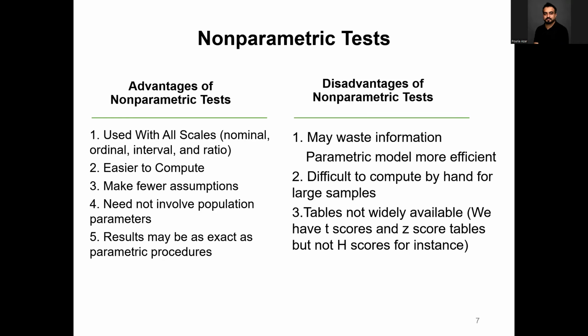For example, if you look at any statistics textbook, you would find tables at the back of the textbook, such as the t-table or z-score tables, but for non-parametric tests, we don't have such tables. For example, H-scores are not available for non-parametric tests. H-score is a statistic for non-parametric tests.